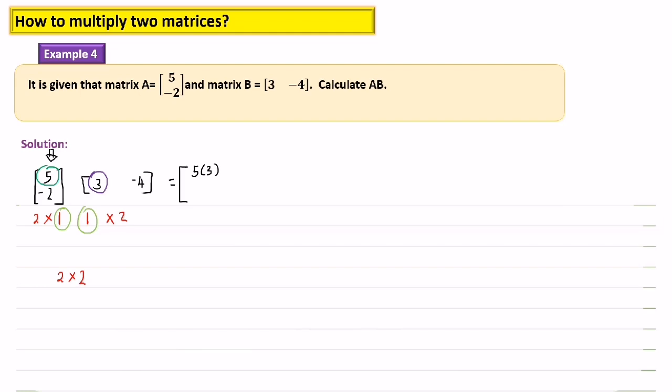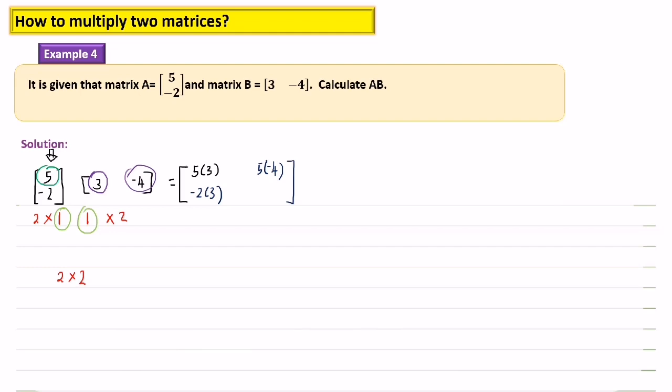Okay, so now proceed to the second column here. First row, second column. The answer here is 5 times negative 4. Okay, now proceed to the second row. Negative 2 times 3.